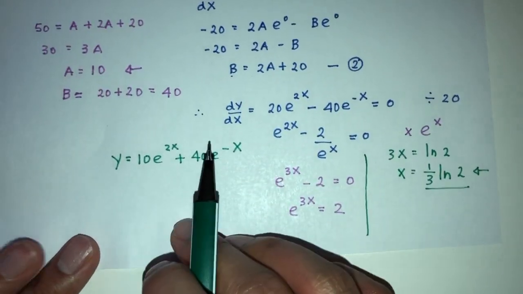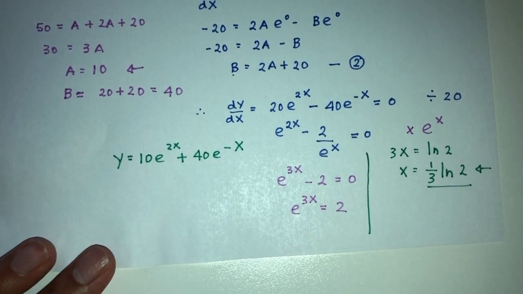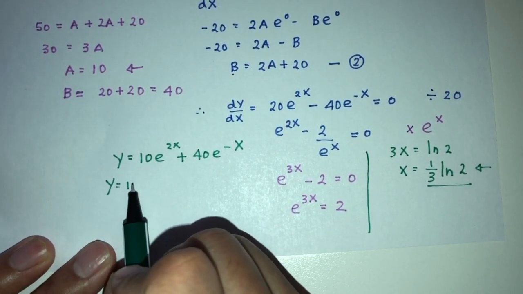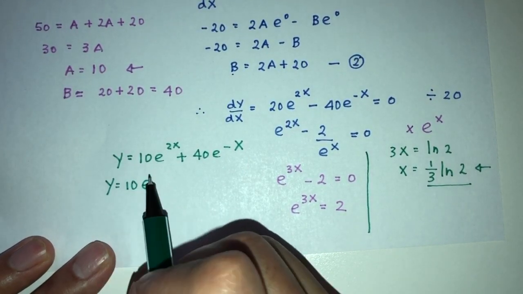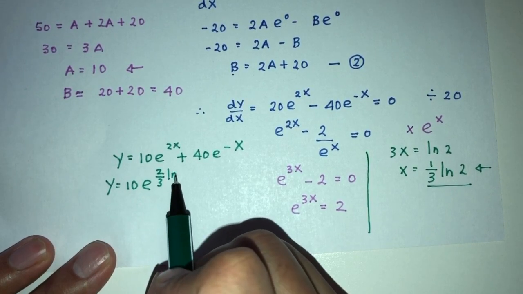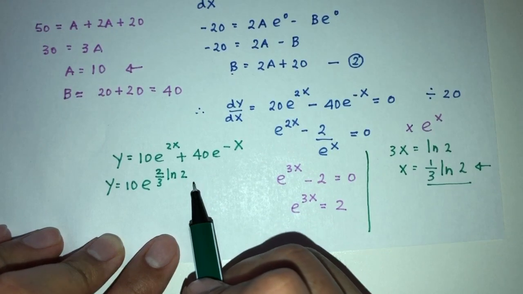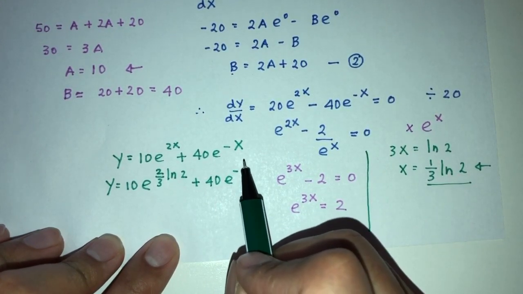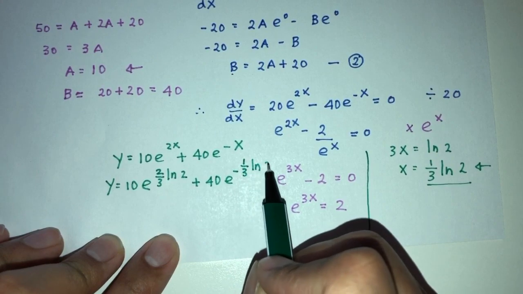So replace the value of x by this. 10 exponential 2 times x will be 2 over 3 ln of 2, plus 40 exponential of minus 1 over 3 ln of 2.